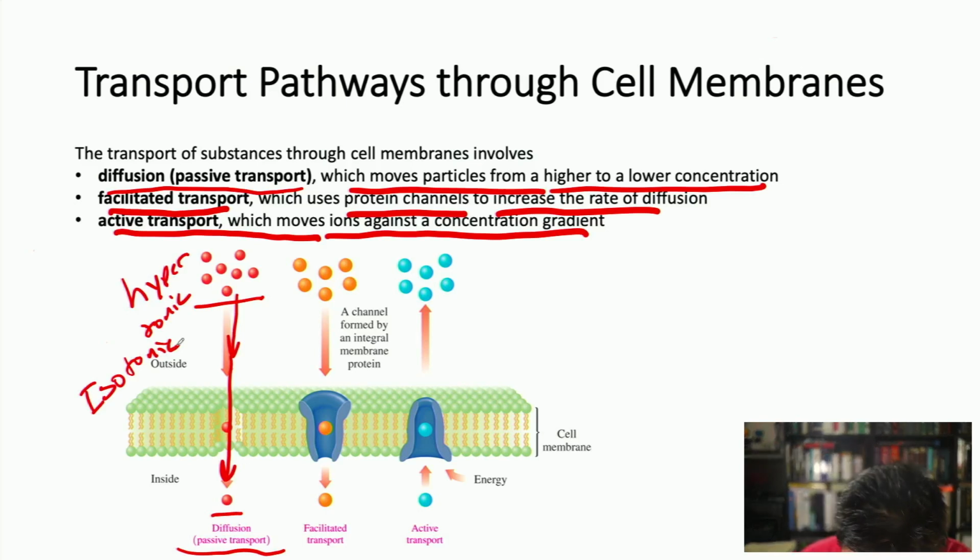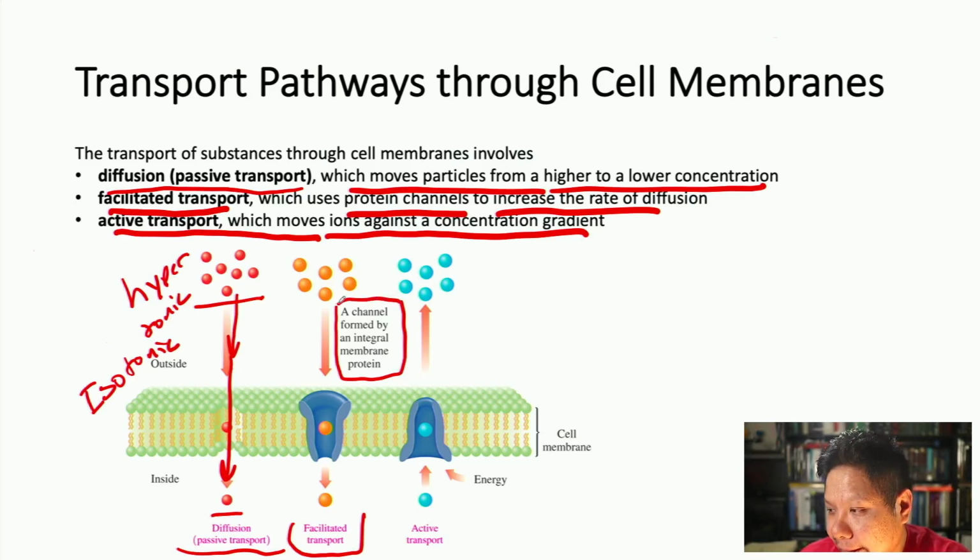And then we have our facilitated transport right here. That's done by a protein that has a special little channel that goes between the two layers of the phospholipid bilayer, and it transports specific molecules into the cell.